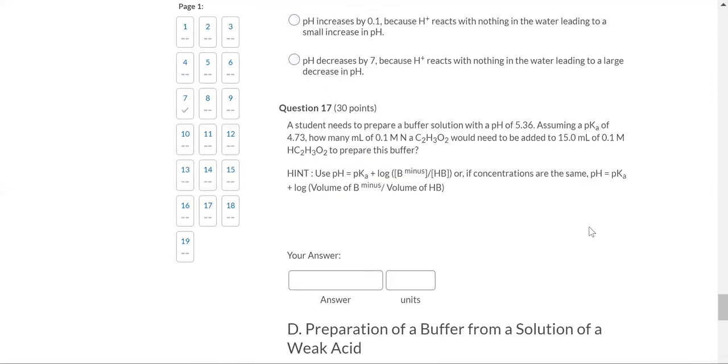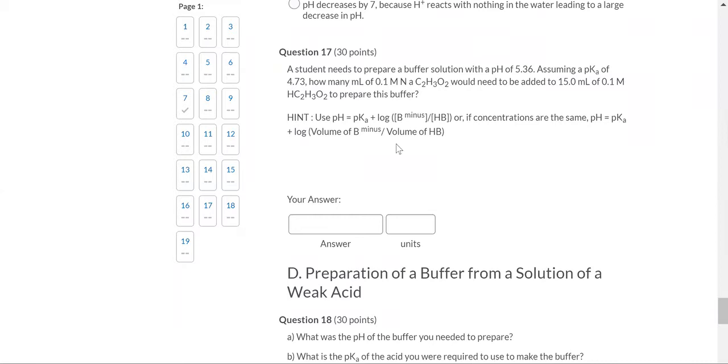Now, question number 17 here says a student needs to prepare a buffer solution with pH 5.36. So this is your pH, and the pKa is 4.73. And then how many mils of the base will be needed to add to 15 of 0.1 to prepare this buffer?